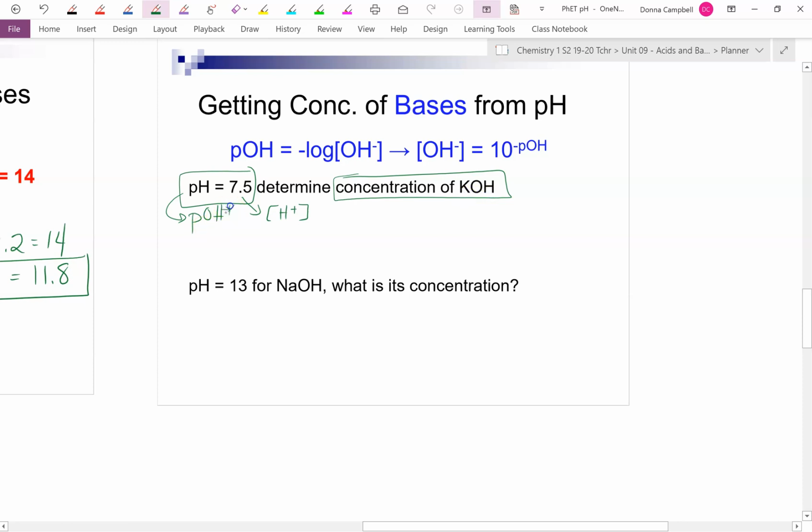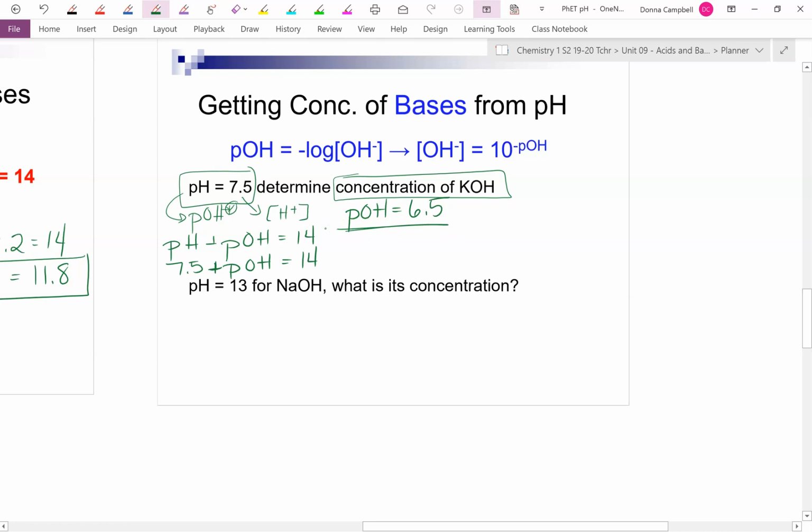Students usually prefer this method, so we'll go through the POH. So pH plus POH is 14. 7.5 plus the POH is equal to 14. So the POH is going to be 6.5.